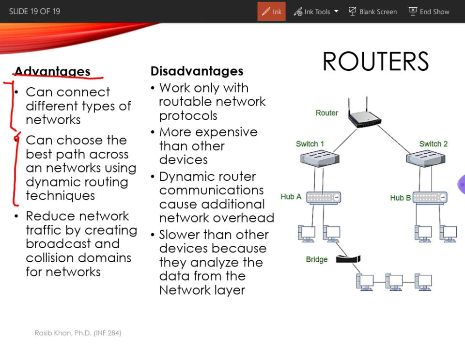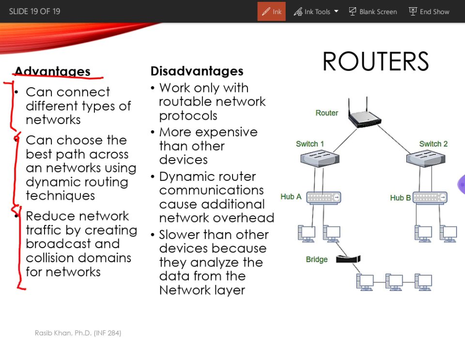So if you're trying to access, let's say, a web page from your home, and the web server is located in some other part of the world, it needs to go through multiple different network segments from your home to the regional ISP to the national internet service provider, and then through the continental network to some other part of the world. So each of these steps would require the request to go through different network segments, and routers are basically the only device that can allow this process.